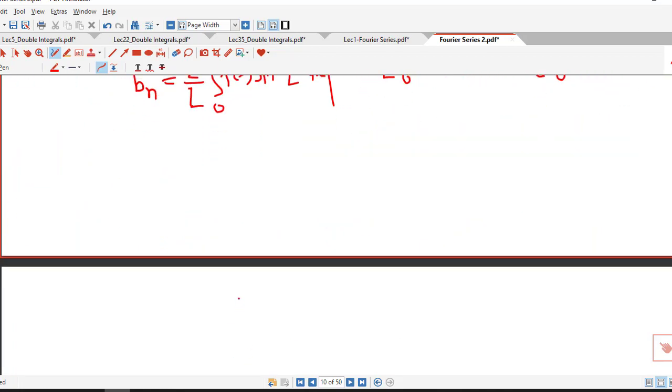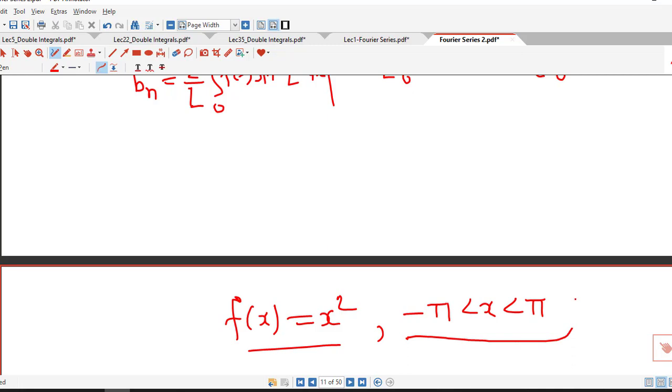In the case of Fourier series of any function, what we are doing, suppose we are asked to find out Fourier series of this function on this interval minus pi to pi, then here we consider L equal to period divided by 2, that is pi.